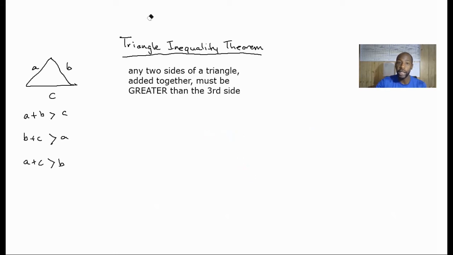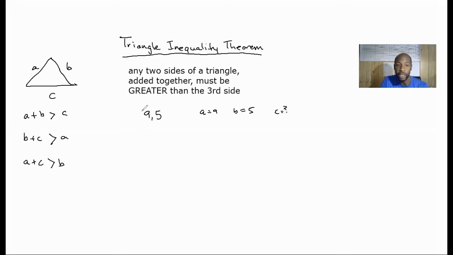All right, so say that you are given the side measurements 9 and 5, and they want to know the range of possible measures for that third side. Basically, let's just say A equals 9 and B equals 5, and we want to find the range that C can be.